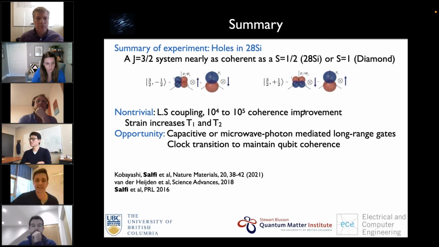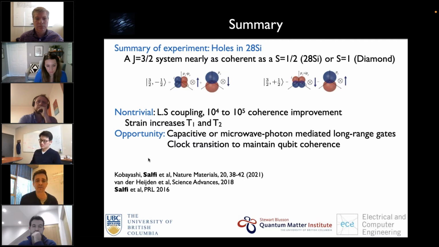So just to summarize this, what we found is a J equals 3/2 system that's nearly as coherent as a spin 1/2 or a spin 1, so diamond or silicon donor. This is highly non-trivial because of the spin orbit coupling, and the opportunity here is very appealing.